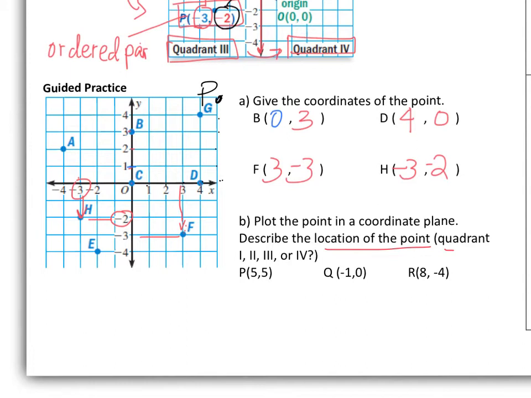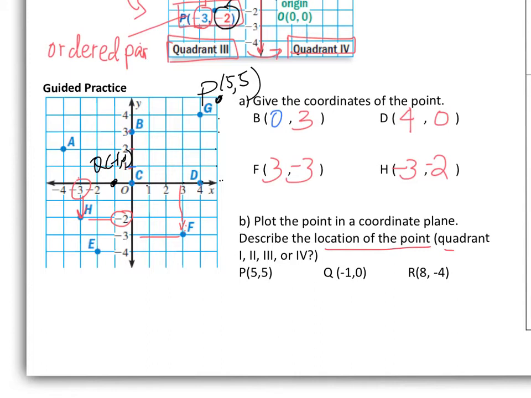Q is -1, 0. So our x-coordinate is here, and it does not travel up or down. We have Q at -1, 0.